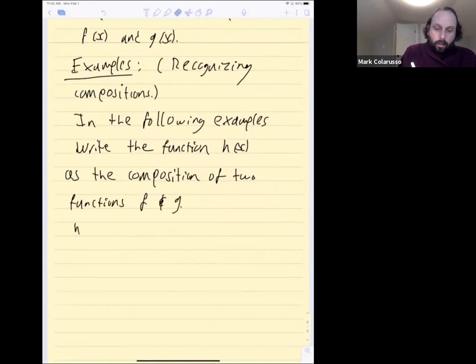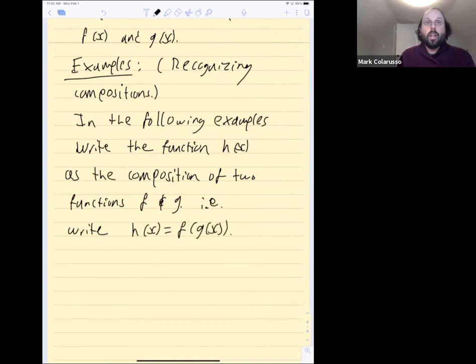So i.e. h at x equals f at g at x. Okay.